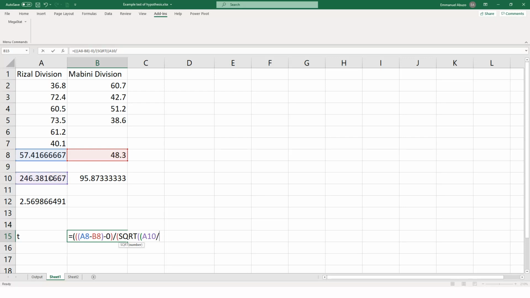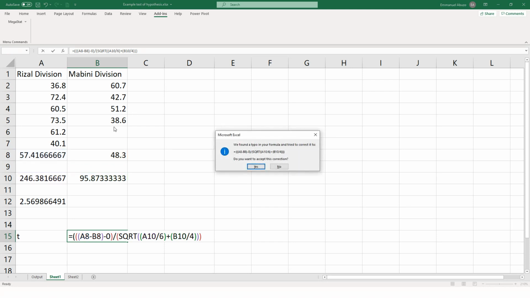We have 1, 2, 3, 4, 5, 6, divided by 6, plus this variance divided by 4. Okay, and then let's close again, and then another close. Okay, so we have now the t-test formula.